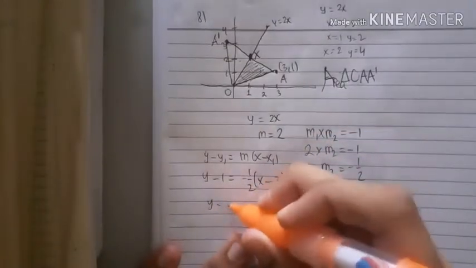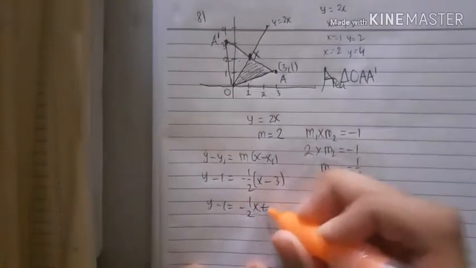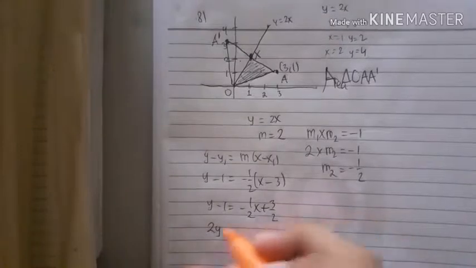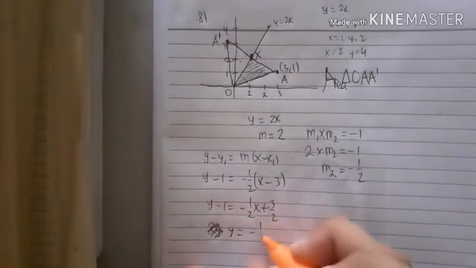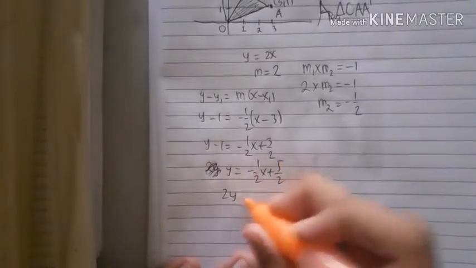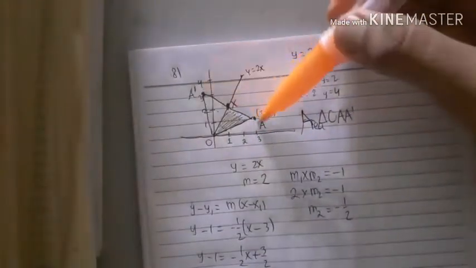So that is y minus 1 equals minus half x plus 3 over 2. Then 2y equals minus x plus 5. So this is the equation of the perpendicular line.